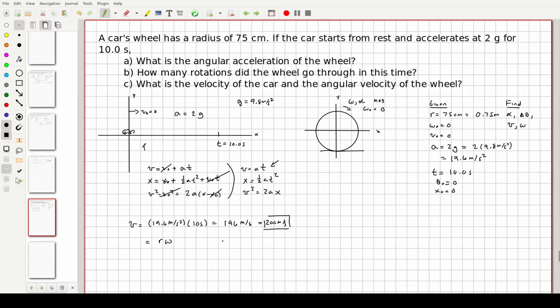Here, omega is v over r. You take and divide that by 0.75, and you get 261 radians per second. Or, again, to 1 sig fig, about 300 radians per second.